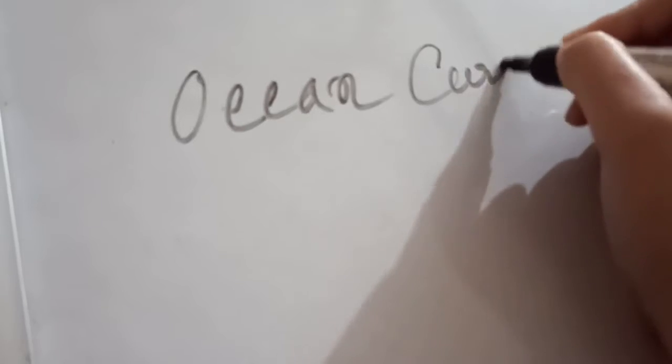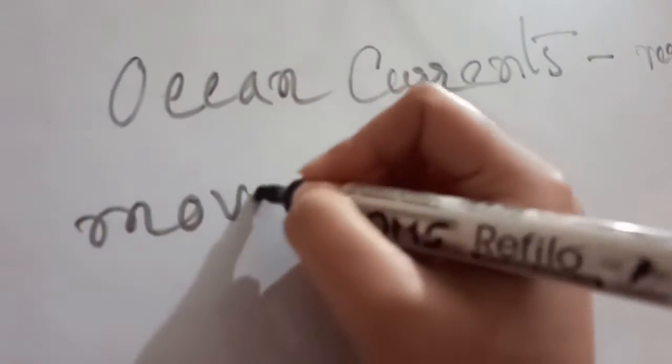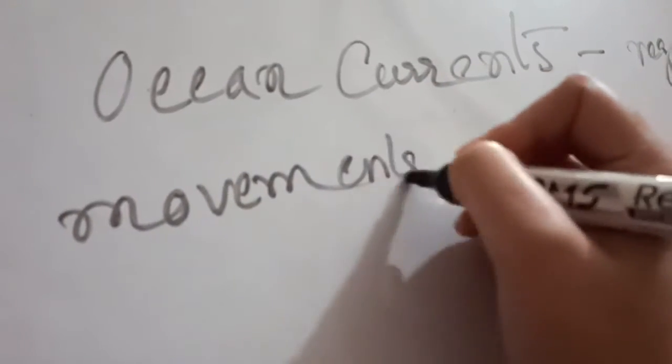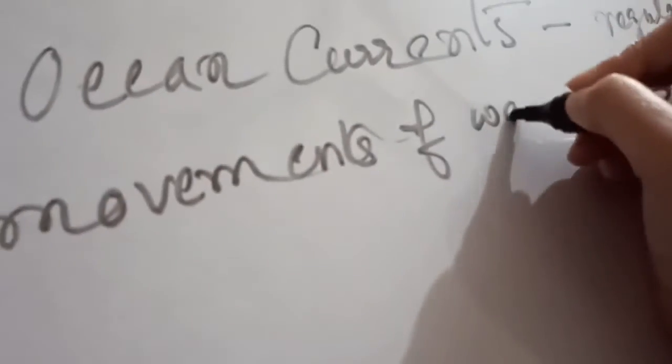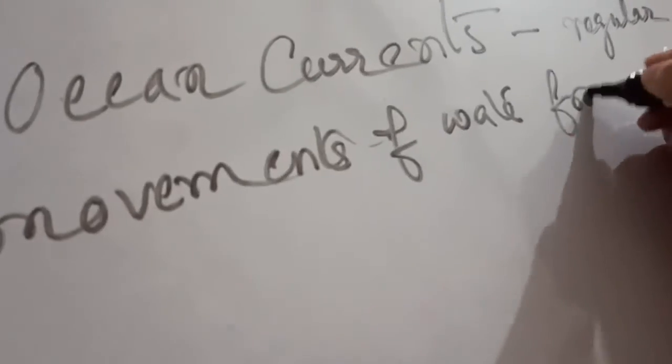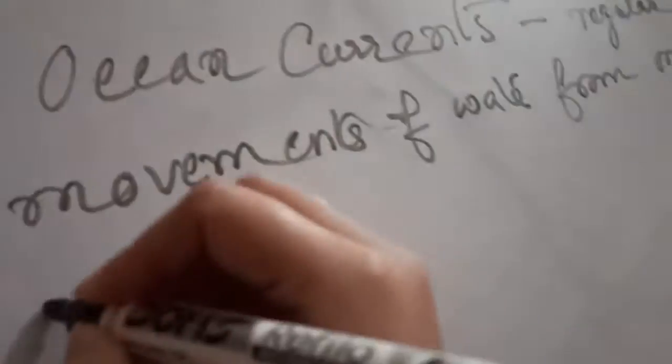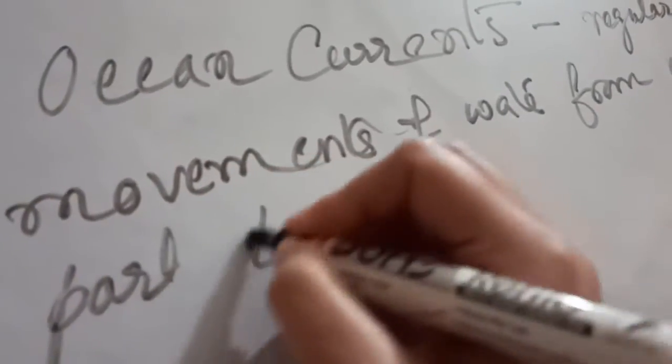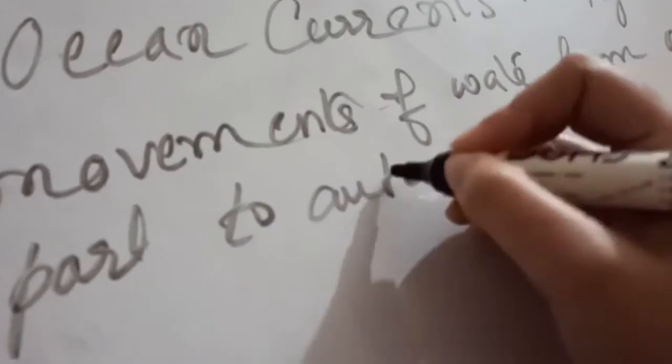The next portion is the ocean currents. The ocean currents are very similar to winds. Ocean currents are actually the regular movements of the water from one part of the ocean to another part.